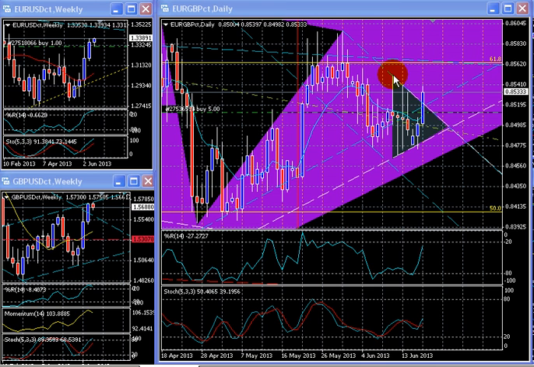Price pullbacks for the euro pound cross rate, with the highs at 0.8550 here. See if we can get it at these levels.